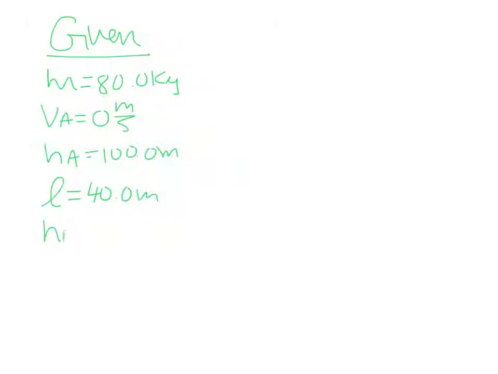So we know that the height at B is 60 meters, and the height at C is equal to 5 meters, and that's all straight from the diagram. We also know that the bungee cord stretches. So delta X at C is 55 meters, and I did explain that with the diagram. So we are given a bunch of information.